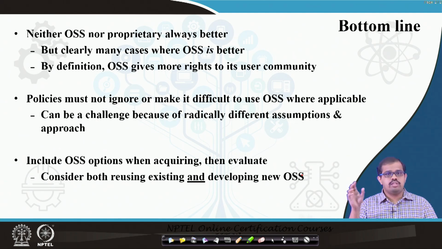When you are looking at policies, they must not ignore or make it difficult to use open source software wherever applicable. That is there today, but there is a lack of more policy-driven initiatives, so that open source software is really used in effective decision making, and it can be challenged because of radically different assumptions and approach.